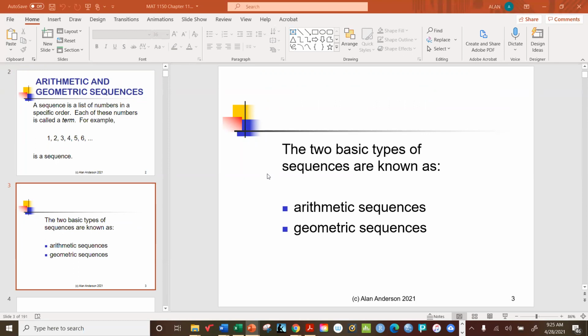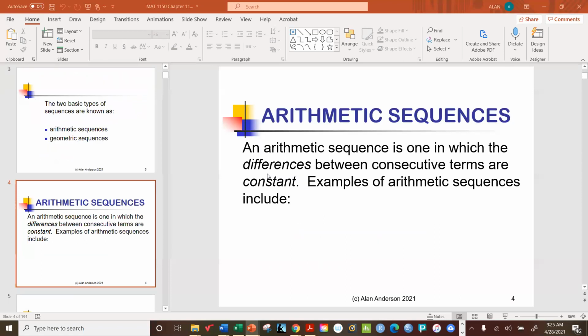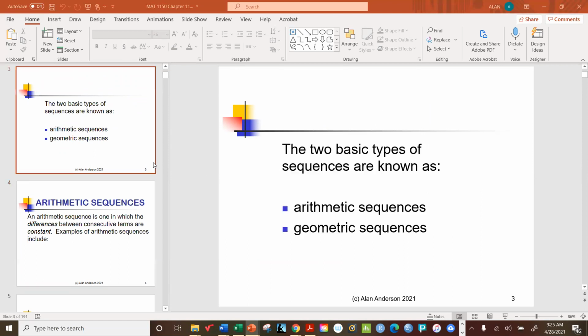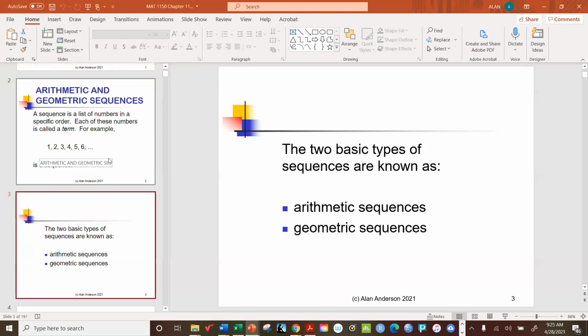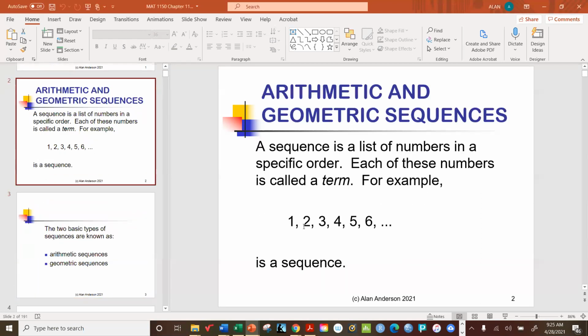All right, so first of all, what exactly do we mean by an arithmetic sequence? Well, this is one in which the differences between consecutive terms are constant. Like this one, the difference between each term is one. If you take each term and subtract the previous term, you'll always get one, no matter how far out you go.